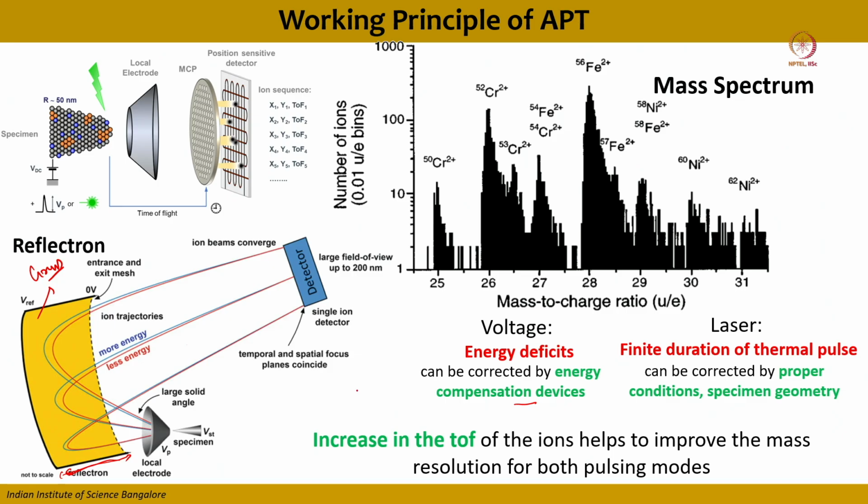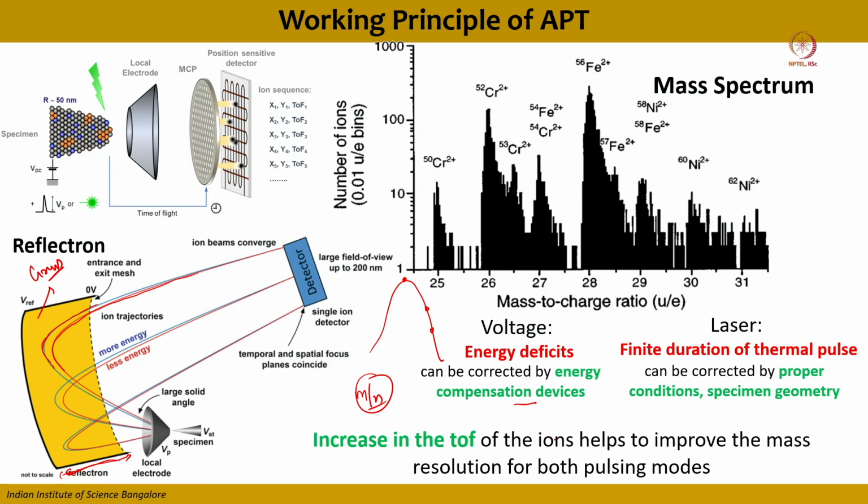If there is a species with a given mass to charge ratio, and some ions are field evaporated at one location and some at another location, usually they have an energy difference. The ions with higher energy can travel into these field lines to a farther distance, while the ions with lower energy will be deflected much earlier.